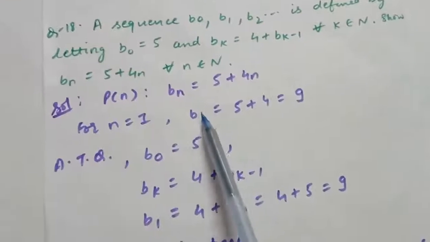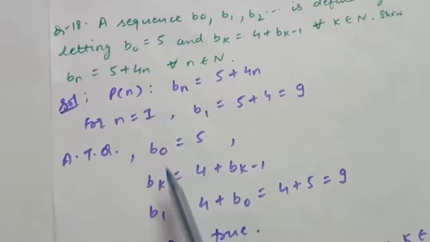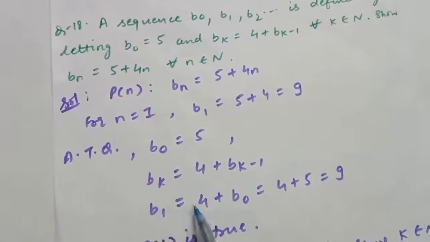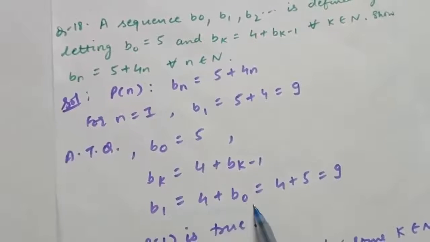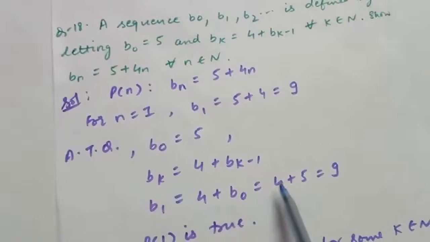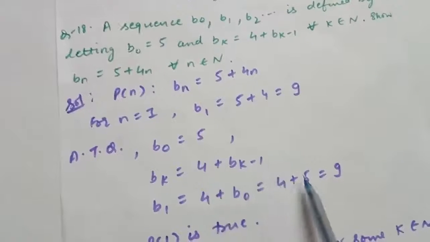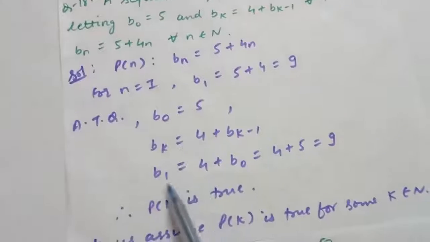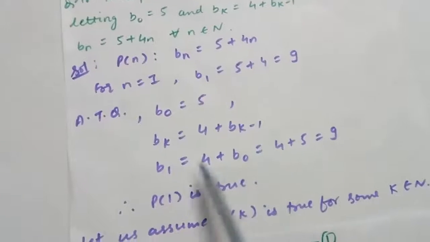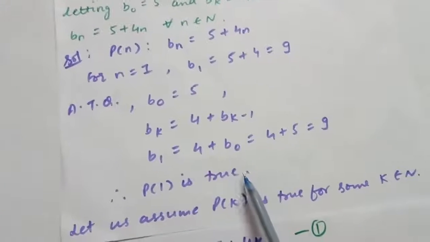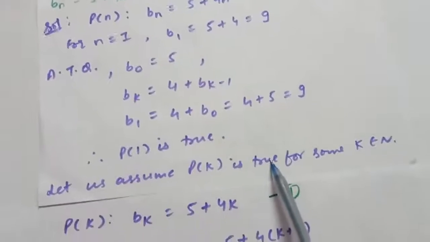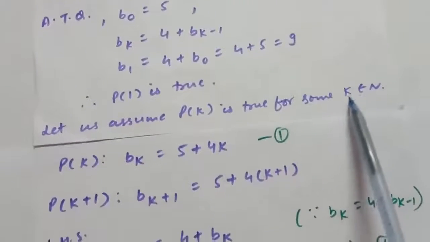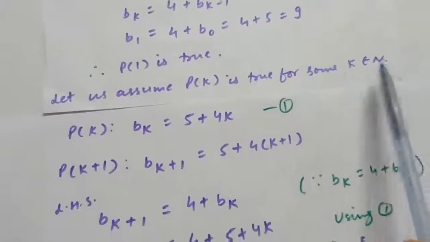Now we want to check for n equal to 1. So in place of k write 1, you will get 4 plus B0, which is 4 plus 5, 9. So according to the question also, the value of B1 is 9. Therefore, P1 is true.